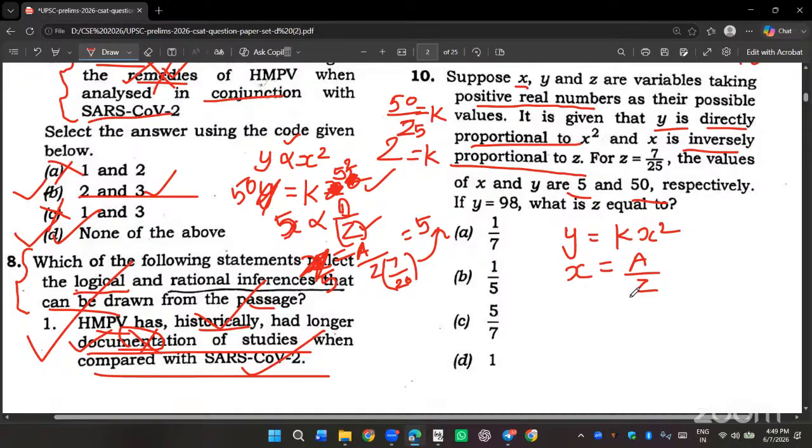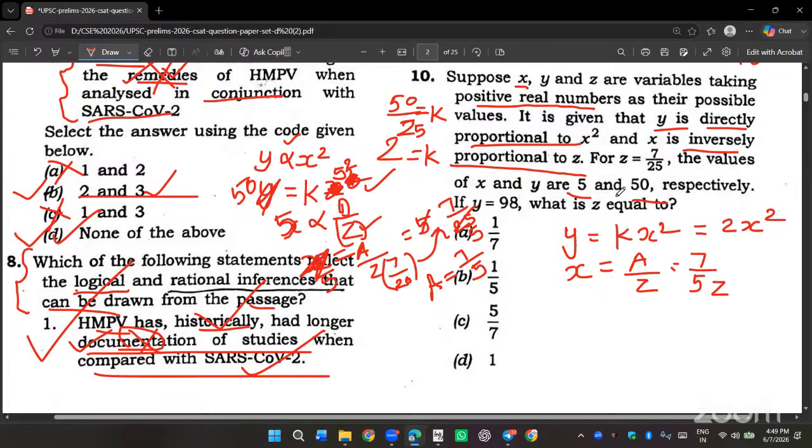So when we substitute this value here, this will go that side now. So 7 by 25. If you cut this, you will get 5. So 7 by 5. What is this value? A value. So X is 7 by 5 into Z. Okay. Then K value. What value we have got? 2. So it is equal to 2 into X square. Good. To find out that only they have given this value.